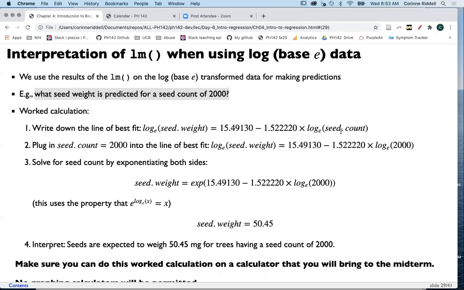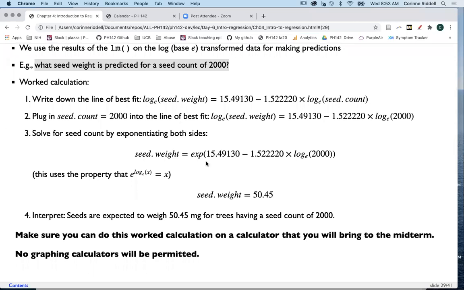What we want to do is input a seed count of 2,000 and solve for the seed weight. So the next step is to input that seed count of 2,000. That goes here. And then you keep on solving, continuing with the mathematics of this to get that the seed weight is 50.45.